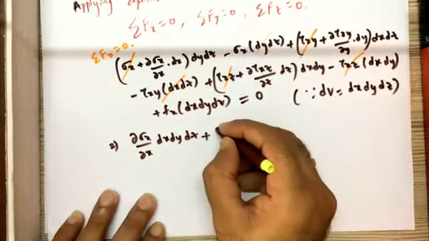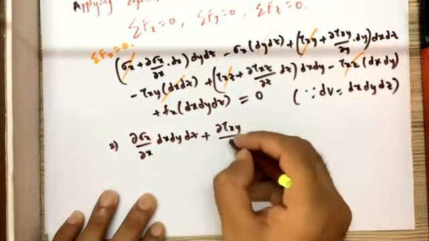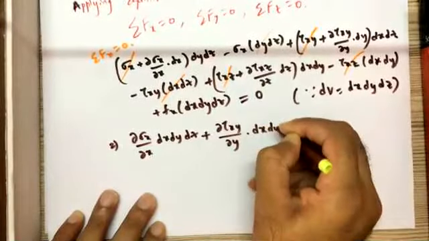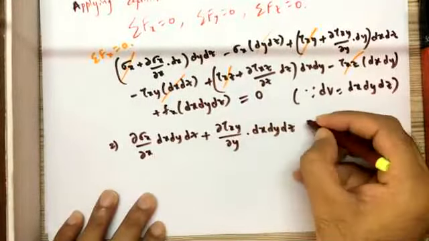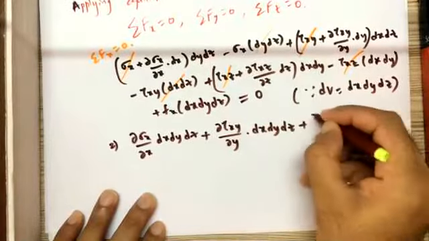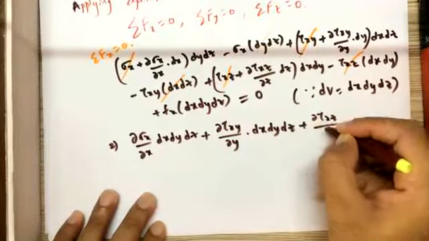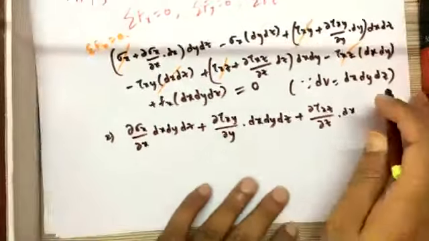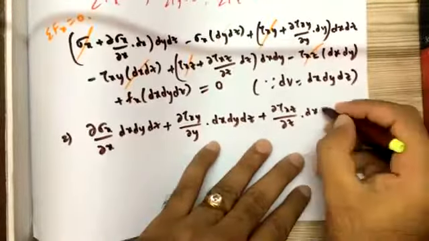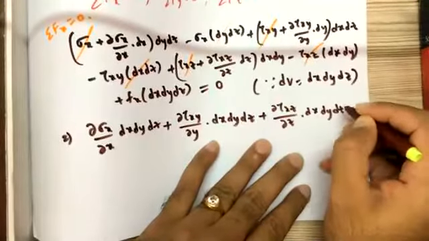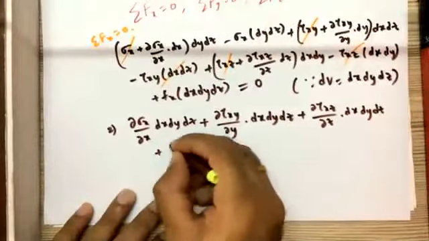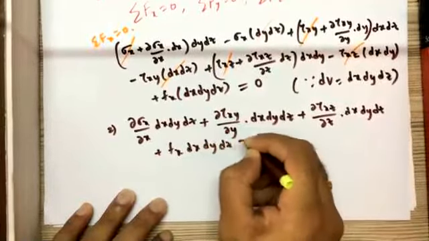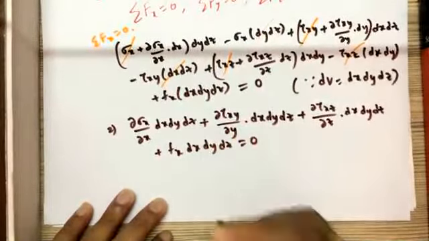Plus ∂τxy/∂y into dx dy dz, plus ∂τxz/∂z into dx dy dz, plus fx into dx dy dz is equal to 0.